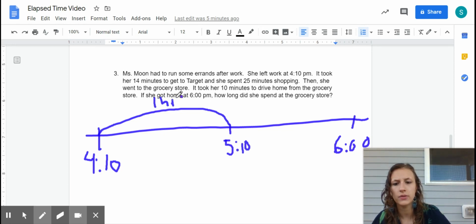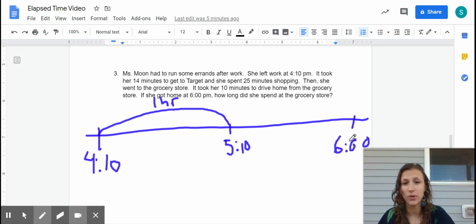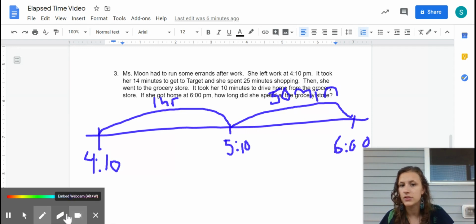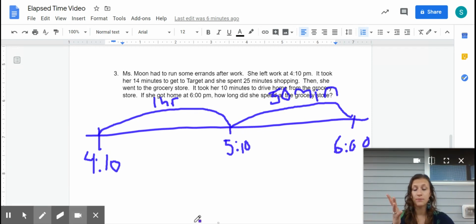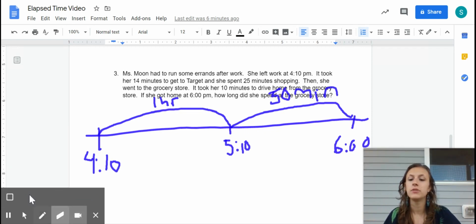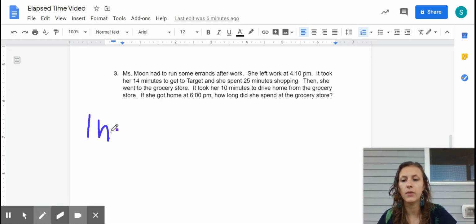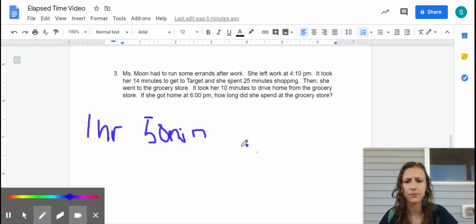And then I know to get from 10 to the next hour, or 10 to that 60-minute mark, would be 50 more minutes. So I know that Miss Moon spent an hour 50 minutes doing errands. So now I'm going to go ahead and erase this just so that we have room. I know that I spent an hour and 50 minutes doing all of these things. So the hour and 50 minutes is my total.